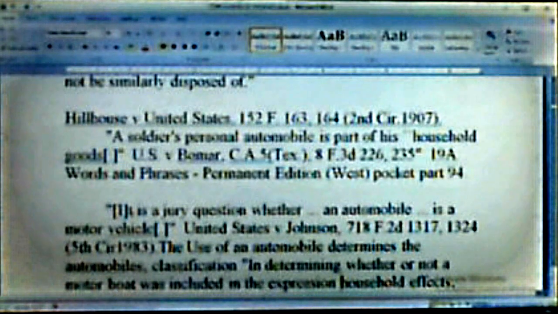And here, in United States versus Johnson, you know many of us who've been in court for what they say is unlawful use of our automobiles, the courts keep telling us that we don't have a right to a jury trial because it's a traffic court.